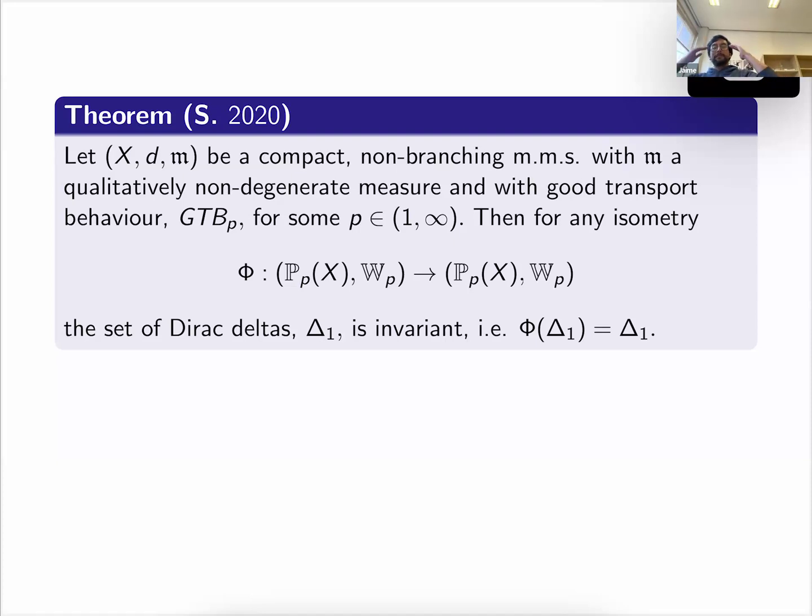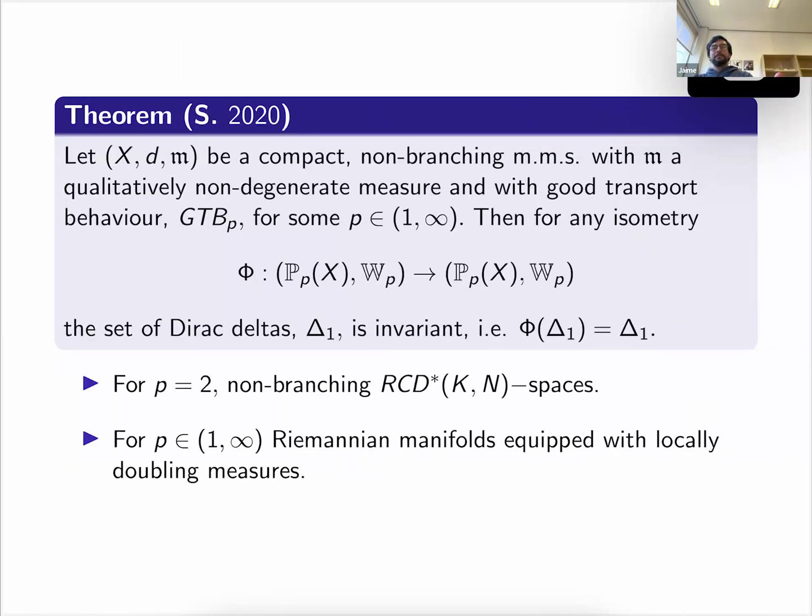Okay, this is perhaps a bit too abstract, but just to set things, there are two settings where this is true. First, for p equals 2, you have this for non-branching RCD spaces, that is, spaces that have a lower Ricci curvature bound, which are quite popular right now. The second one is that if you have p strictly greater than 1, and you equip a Riemannian manifold with a locally doubling measure, just take the volume, then they will satisfy the hypothesis of the theorem.